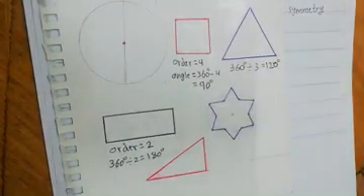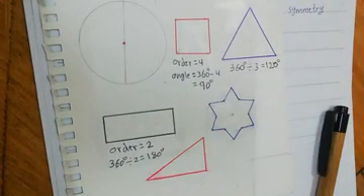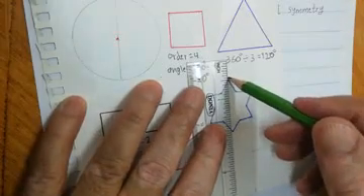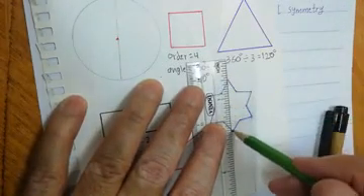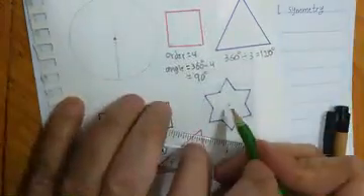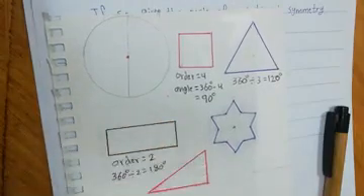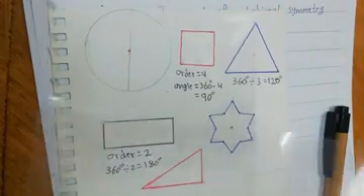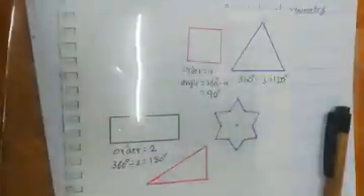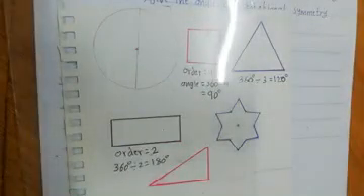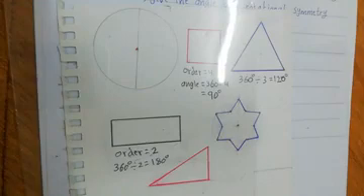What about this star? Okay, for this star, if I draw 2 diagonals, I think this is the center of rotation. I will copy this shape again. What do you think about the order?